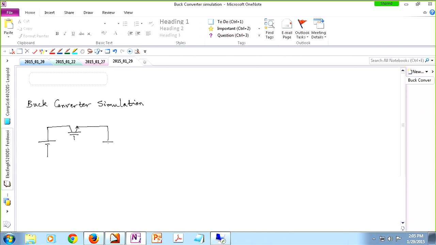Doesn't really matter. All right, don't worry about this diode over here. Sometimes there is a diode, sometimes there is not a diode. It doesn't really make a difference. We don't really use that diode at all.